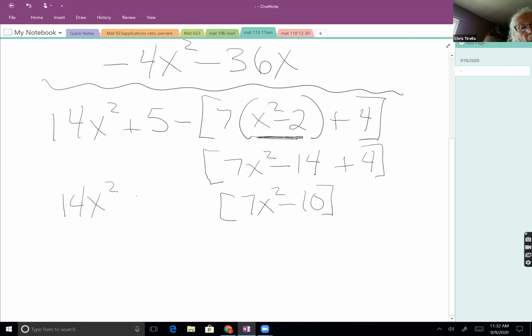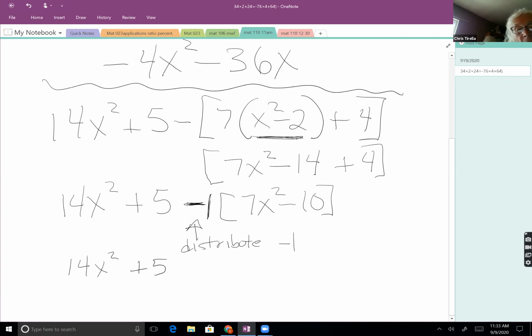Now let's throw the rest of the problem back there. 14x squared plus 5. And do you see how there's a minus sign in front of those brackets? Are you folks all familiar that when there's a minus sign in front of the grouping, you distribute it? I have to distribute negative 1. The 14x squared plus 5 are out of the parentheses, so they stay as they are.